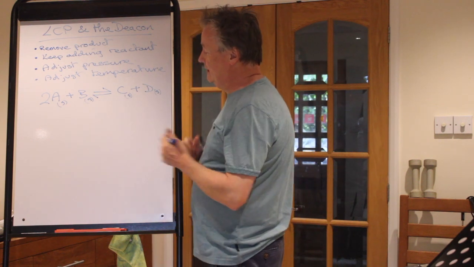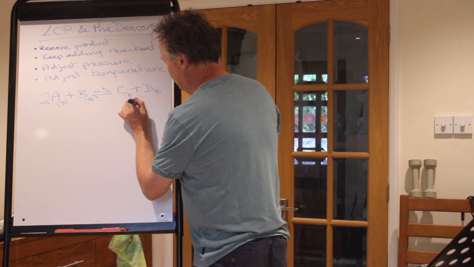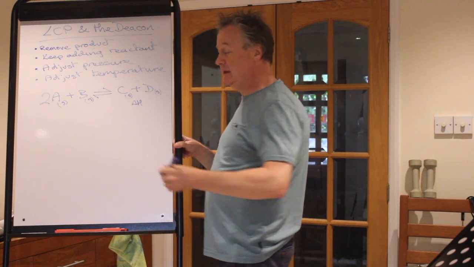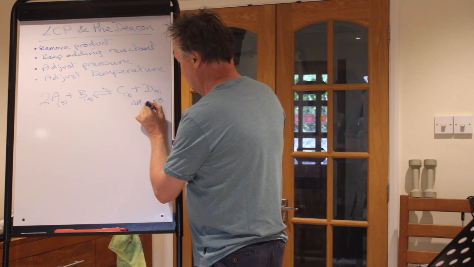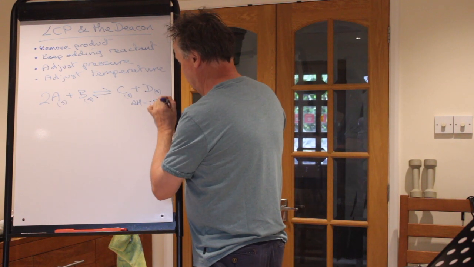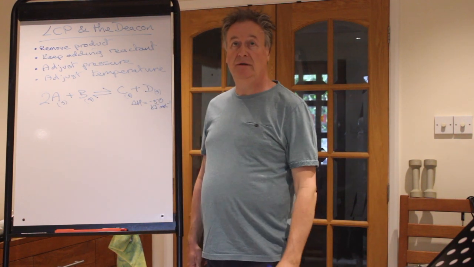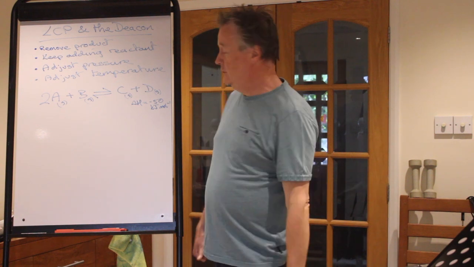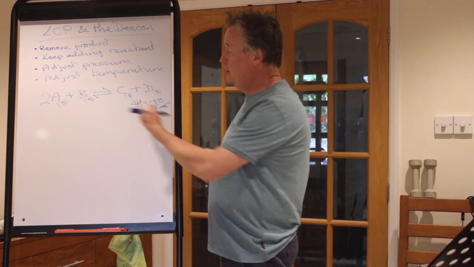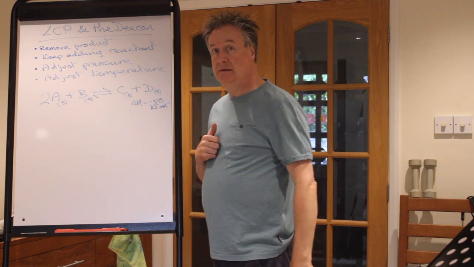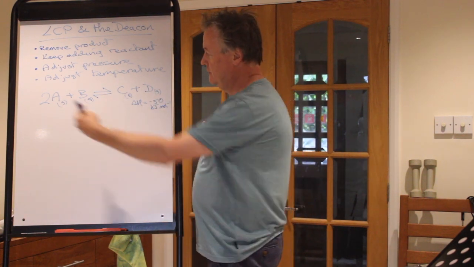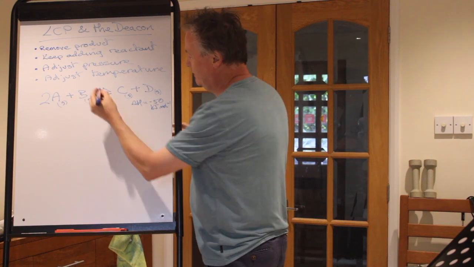The other piece of information we need is a delta H value. So let's say it's minus 50, so it's an exothermic change going forwards. Therefore going back is plus 50. So it's minus 50 forward, plus 50 back.